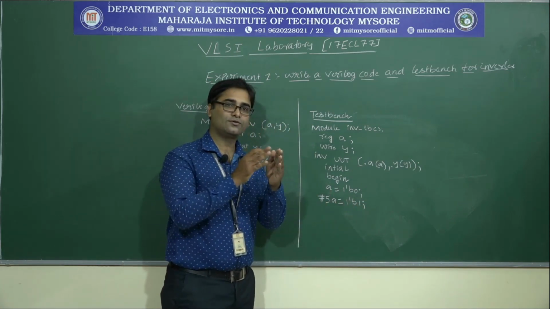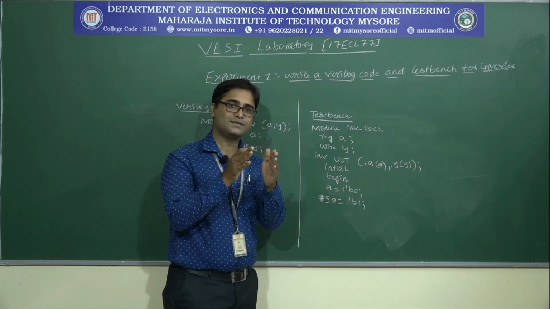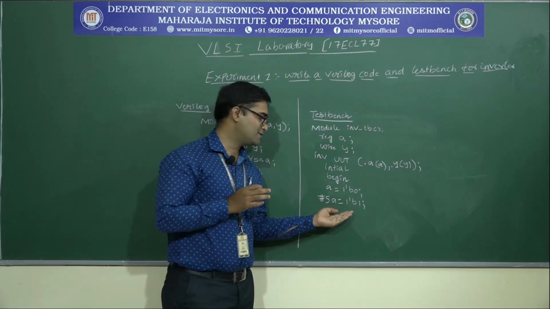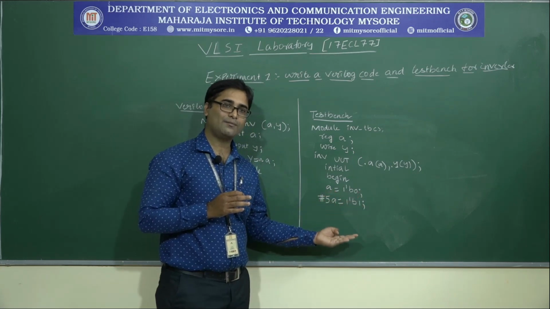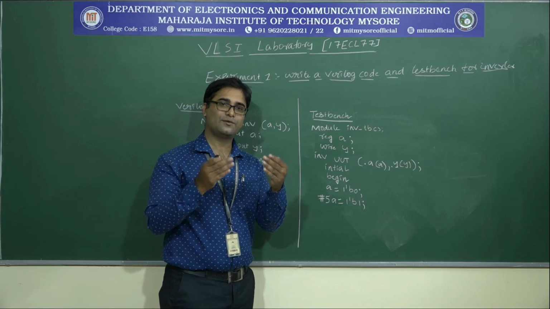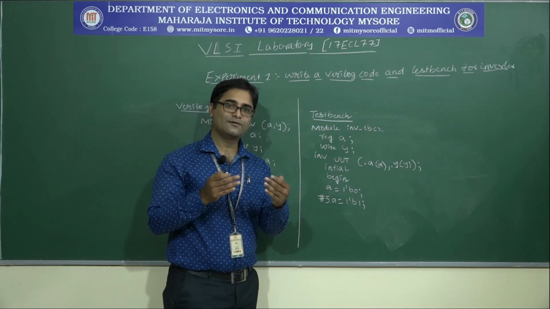So from 0 to 5, the value of the input is 0, and from the 6th nanosecond the value changes to 1, and we can define n number of inputs. According to the n number of inputs, we obtain the output, which is the complementary function.